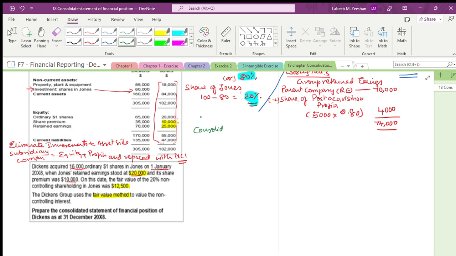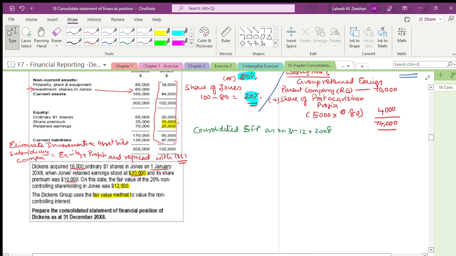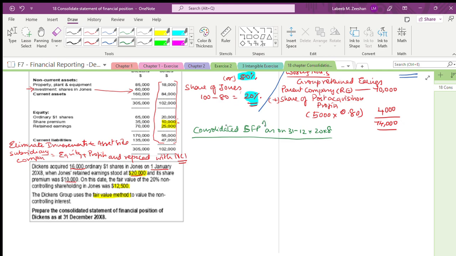Consolidated statement of financial position as on 31st December 2008. You put consolidated statement of financial position of Dickens, not P. Which company is it?